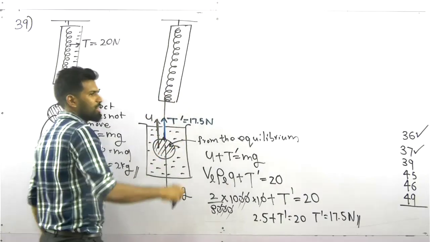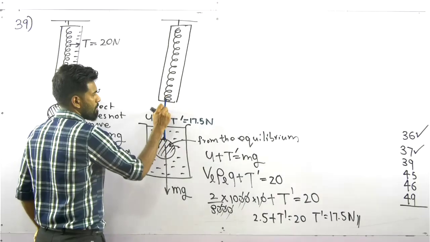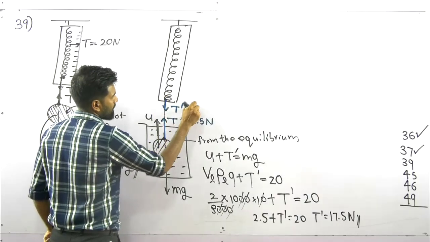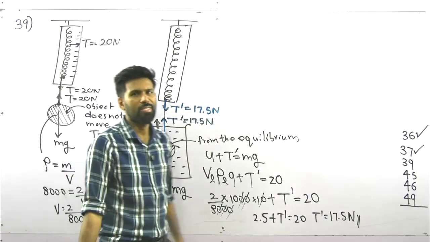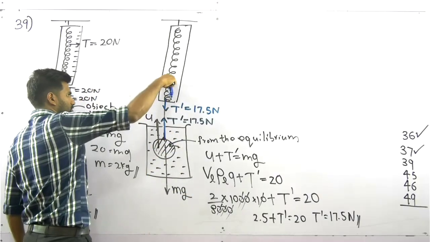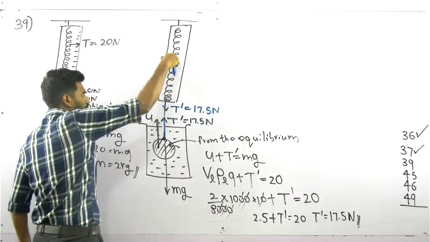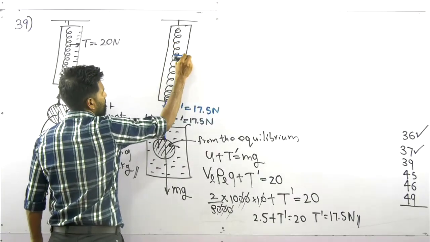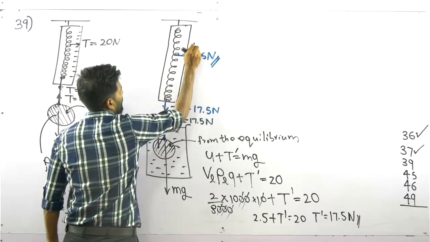So the other side of the tension will attract the spring downward. It's equal to 17.5 newtons again. It attracts the spring downward, 17.5. And the downward attraction of the spring becomes the reading. Remember that, I have taught it. 17.5 reading.